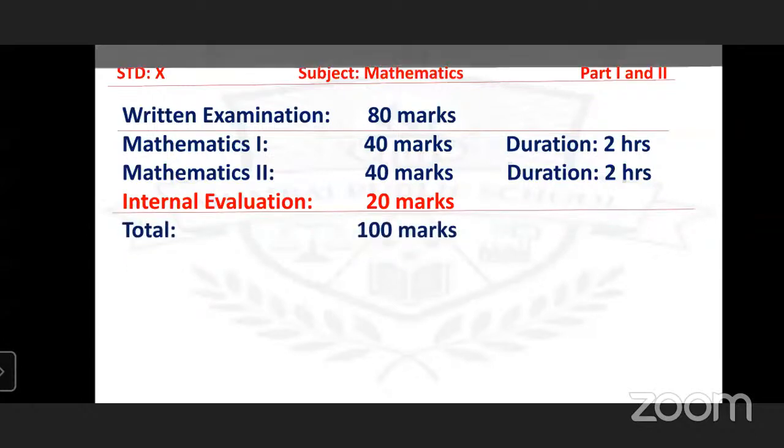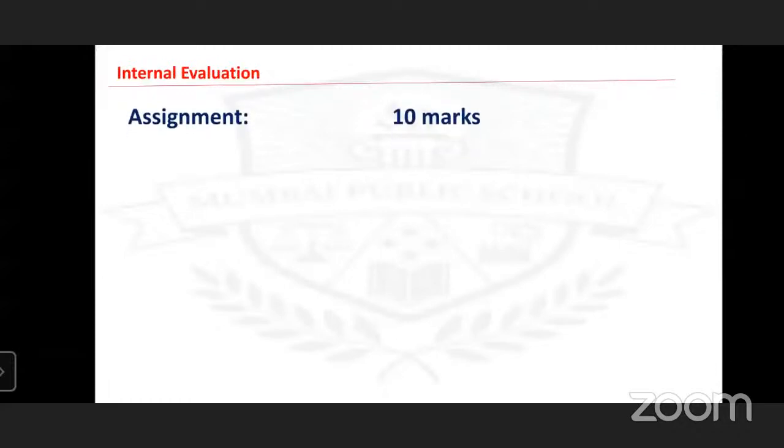Now the second part, that is internal evaluation. What about internal evaluation? Internal evaluation is again in two parts, assignment and practical. Assignment is of 10 marks and practical is of 10 marks. Assignment is again divided into two parts, part 1 of 5 marks and part 2 of 5 marks.